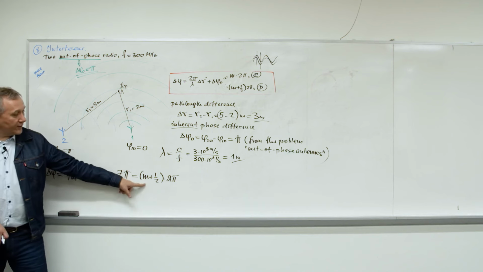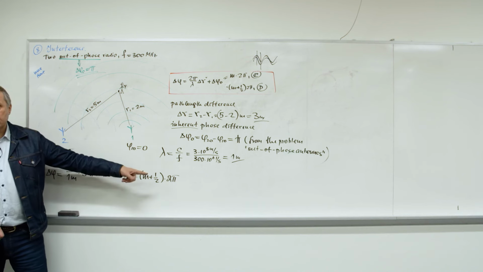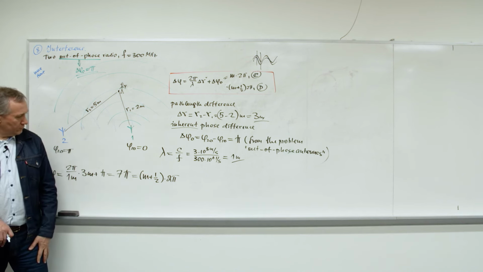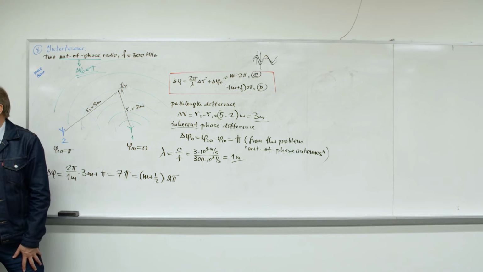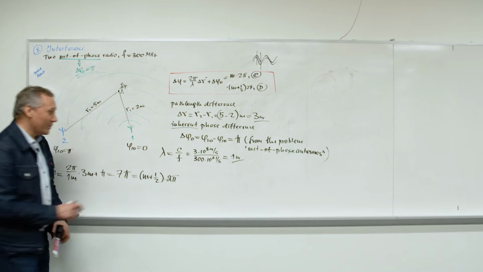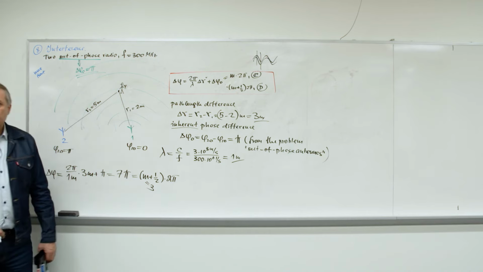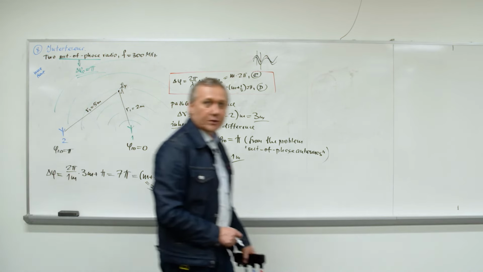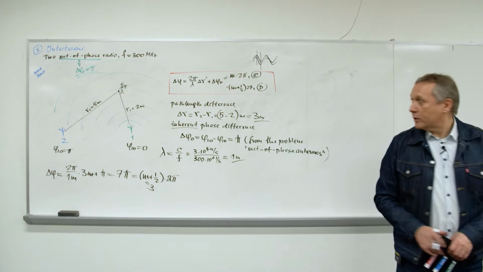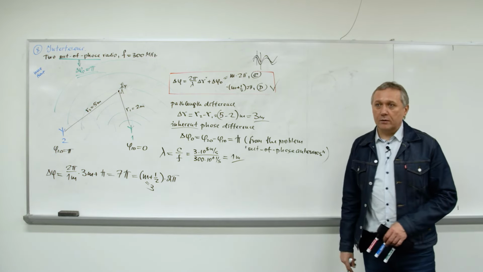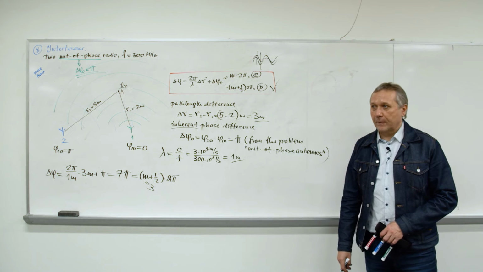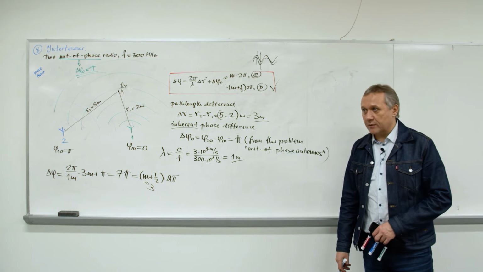Not enough. M equals 3, 3 plus 1 over 2, so yeah, we're getting 7 over 2. So this is correct for an integer m equals 3. So we satisfy this condition, right? So that's how it is done, just analyzing.